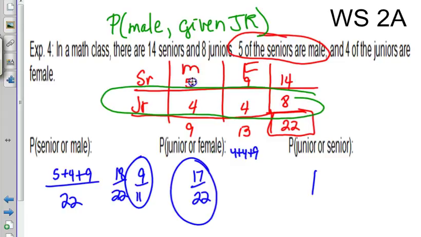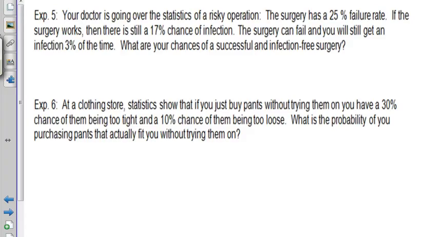Male given a senior would be 5 out of 14. Or it could ask probability of junior given male. Given males, now you're only talking 9, right? Junior given a male would be 4 out of 9. Everybody good? We'll practice that. It's on the worksheets.